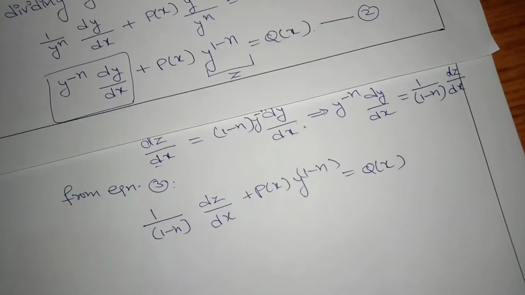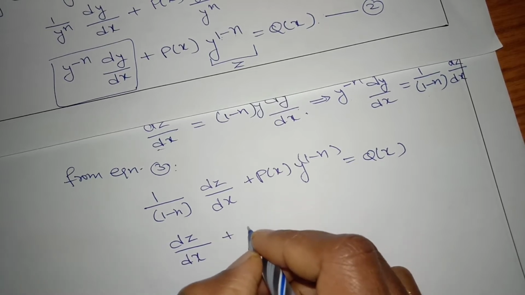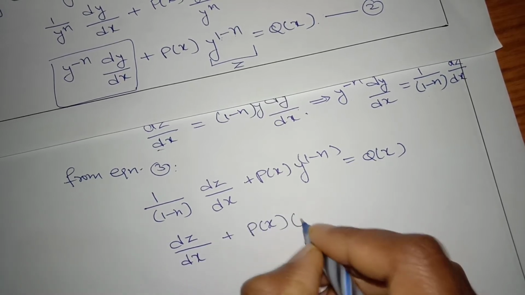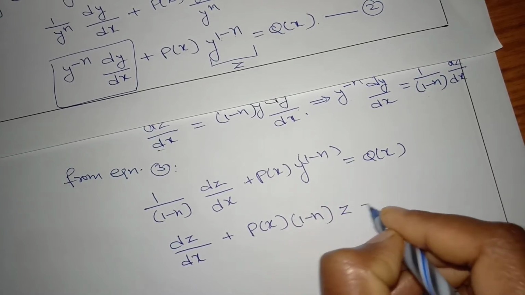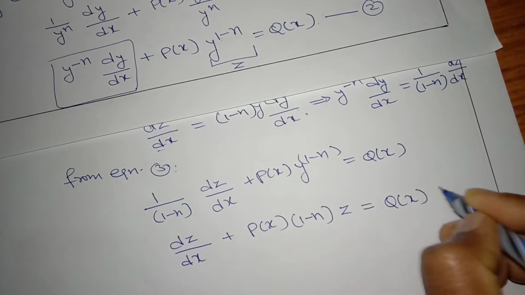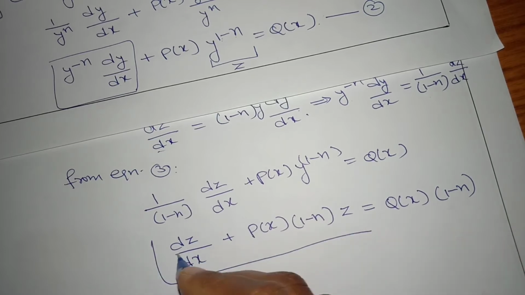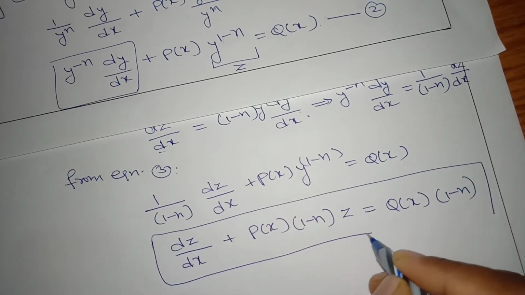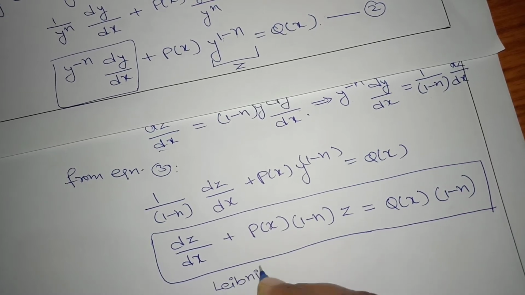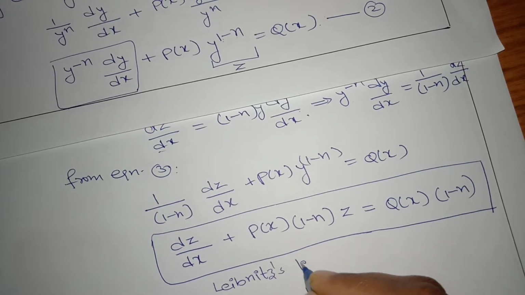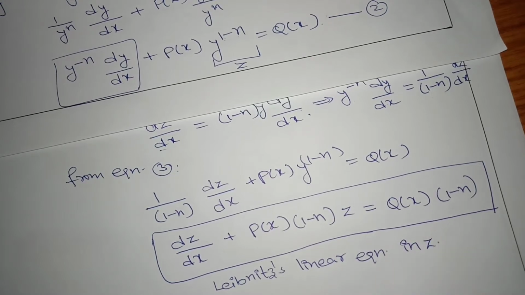Now rewrite this equation: dz by dx plus p of x into 1 minus n into z equals to q of x into 1 minus n. This is a Leibniz linear equation in z.